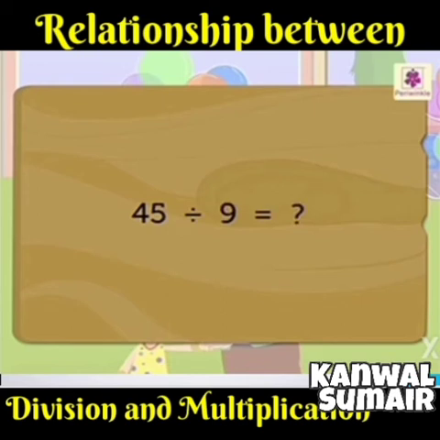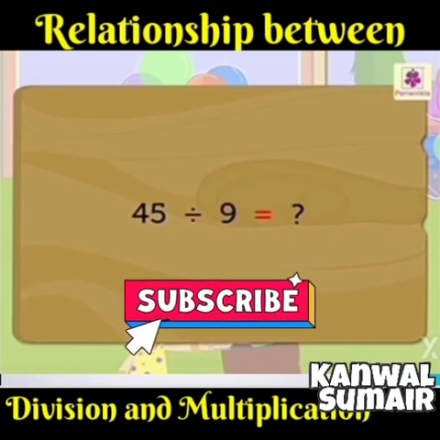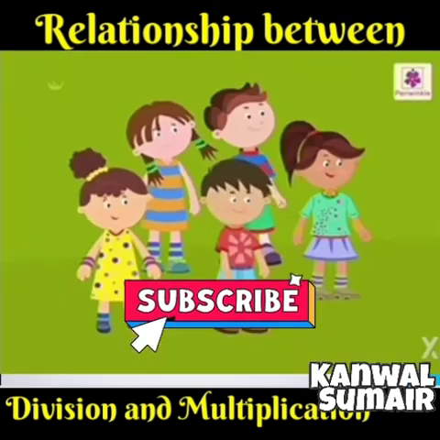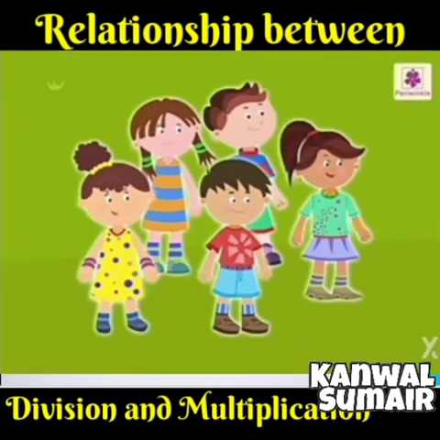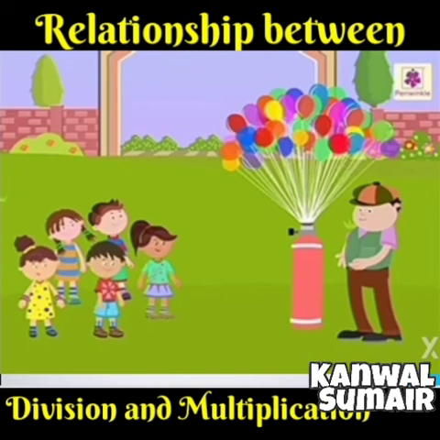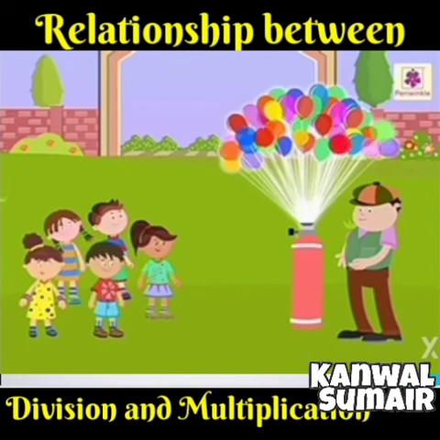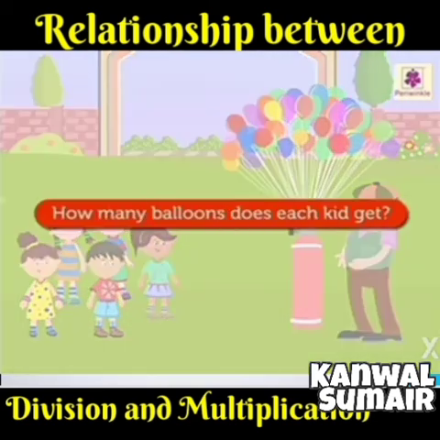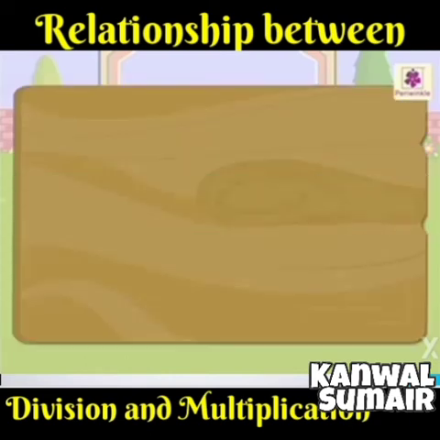We get 45 divided by 9 is equal to 5. Now, if there are 5 kids and 45 balloons in all, how many balloons does each kid get? Here, we divide 45 by 5 to find the quotient.